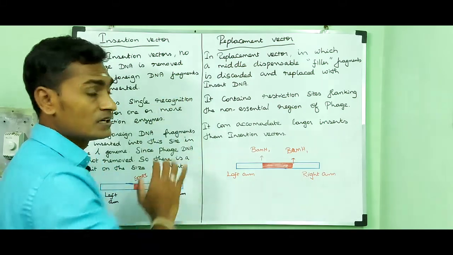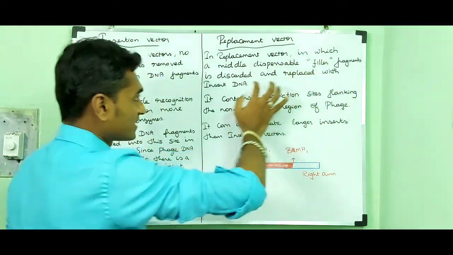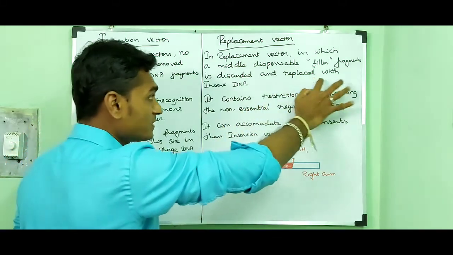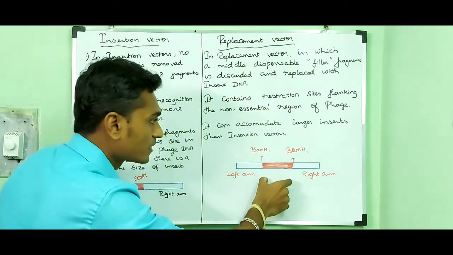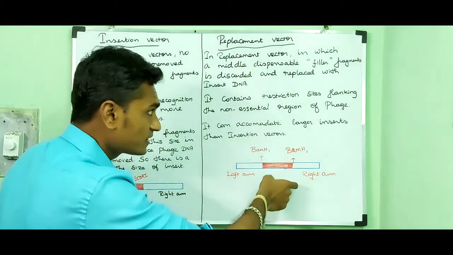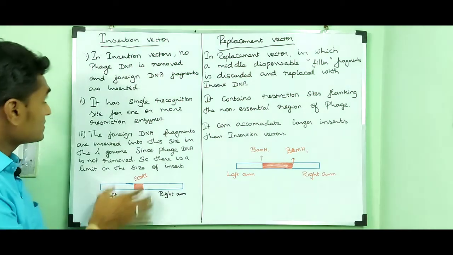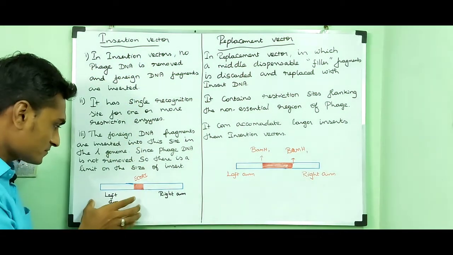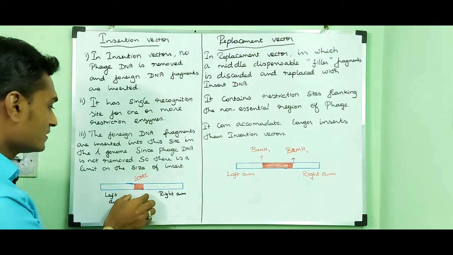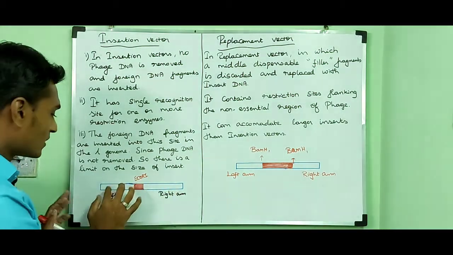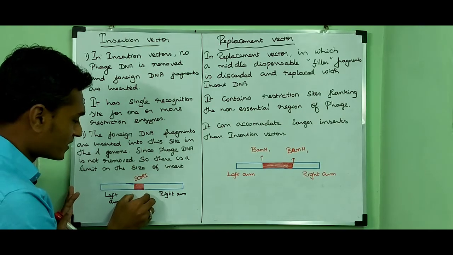In the insertion vector, no phage DNA is removed and foreign DNA fragments are inserted. While in the case of the replacement vector, a middle dispensable filler fragment is discarded and replaced with insert DNA. So this is the middle portion of that lambda phage. It can be replaced with insert DNA. While in the case of the insertion vector, this is the lambda phage vector, and there is no removal of the phage DNA molecule, and the recognition sites are very small.